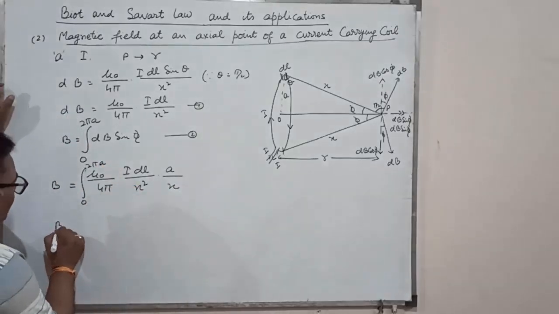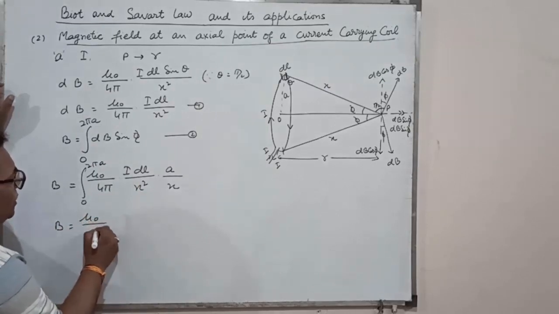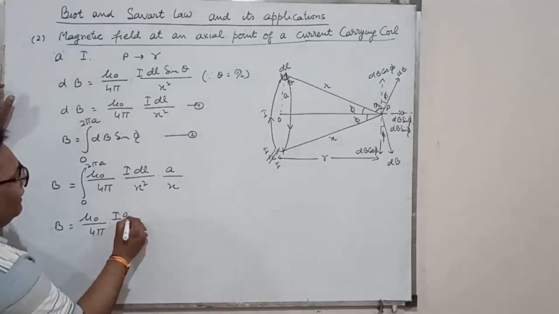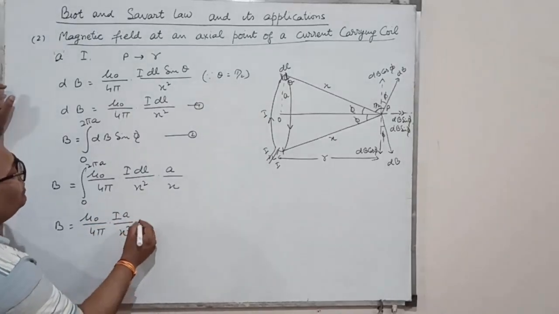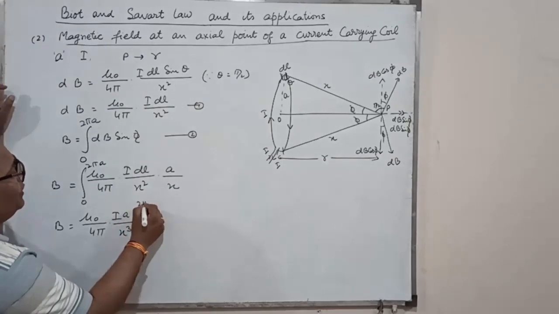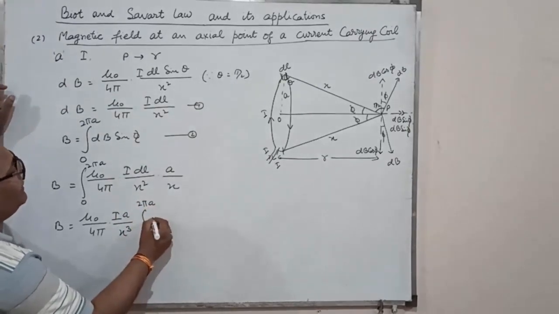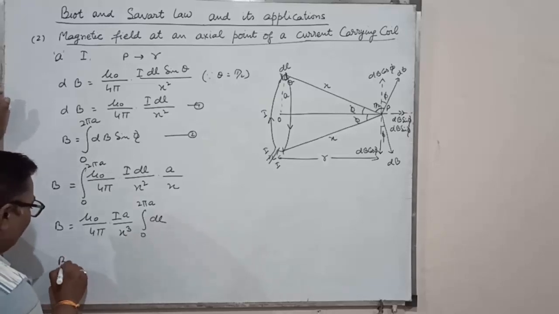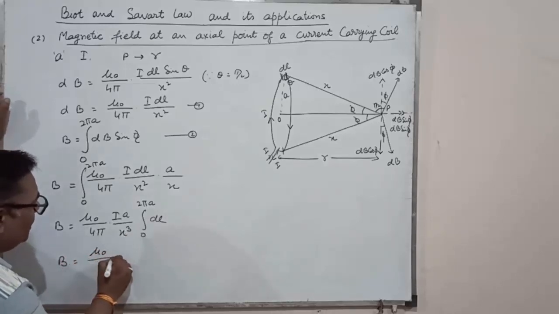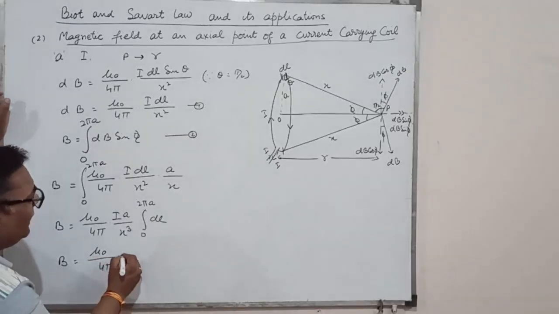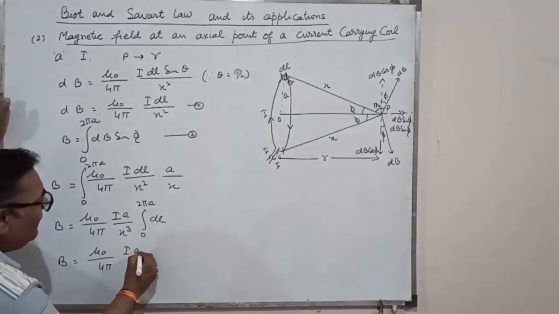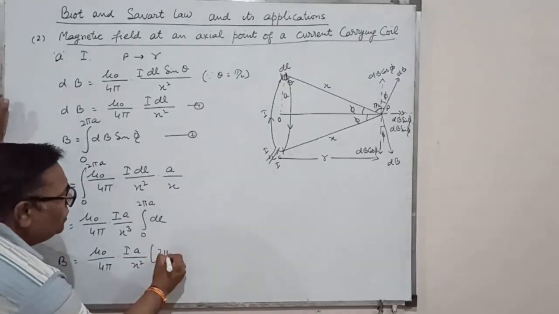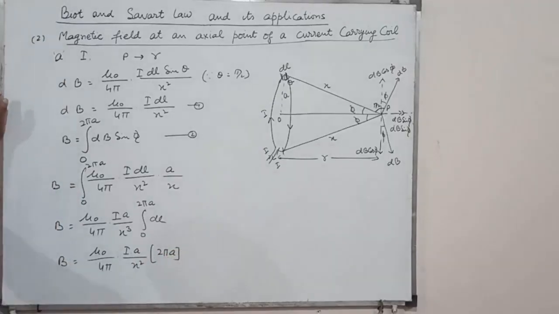Here B is equal to mu 0 upon 4 pi I a upon x cube integration 0 से 2 pi a of dl. Clear? And B is equal to mu 0 upon 4 pi I a upon x square and this value is 2 pi a. Clear?